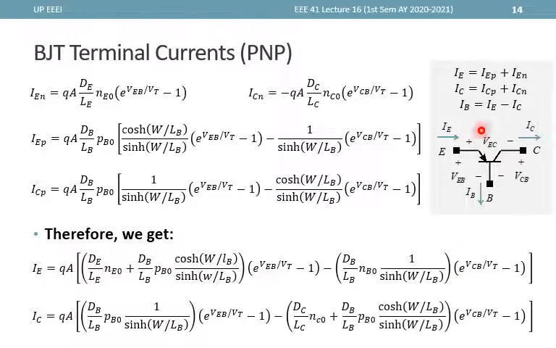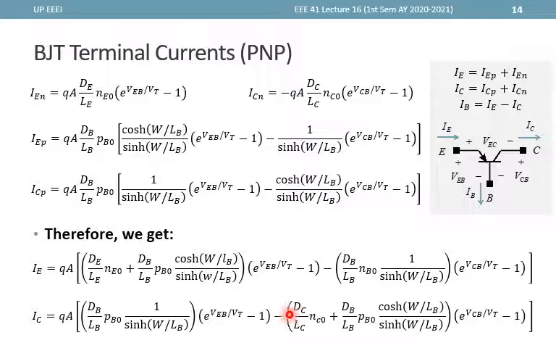So for IC, we need to add ICP and ICN. So this thing and this thing. Now that this term is a function of VCB, if we write first the term for VEB, we'll only need to indicate this one. So we have this thing. But for VCB, we have two terms, and both of them have negative signs.